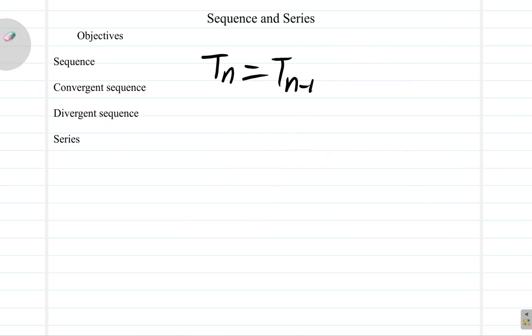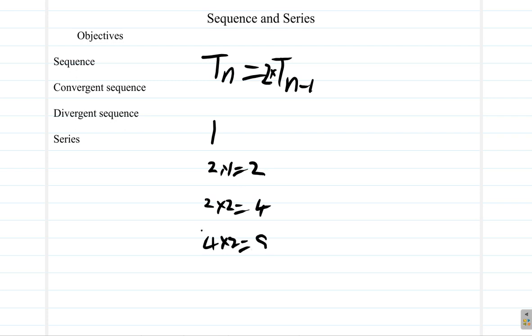Suppose you have 2 times the previous term. So if you start with 1, the second term would be 2 by 1, which is 2. Third term would be 2 by 2, which is 4. The fourth term is 4 by 2, which is 8.